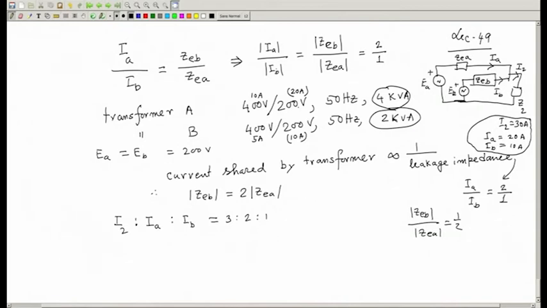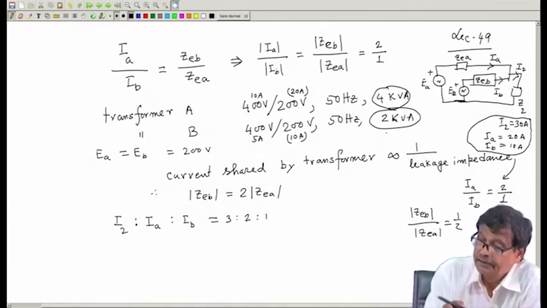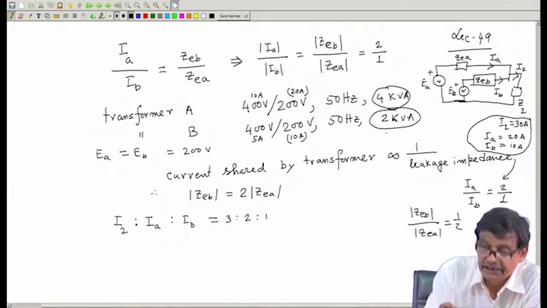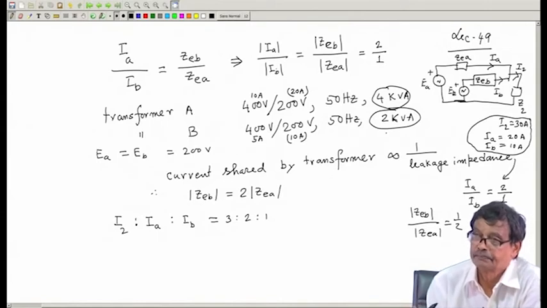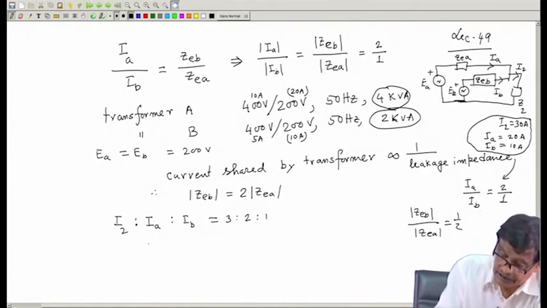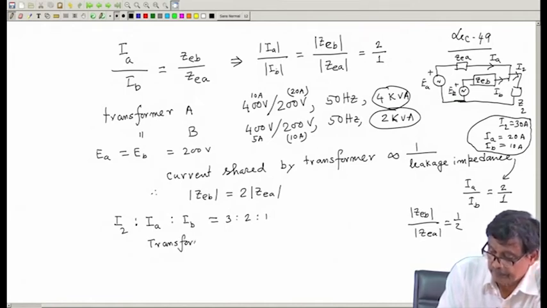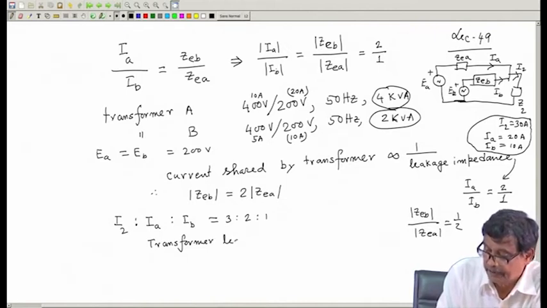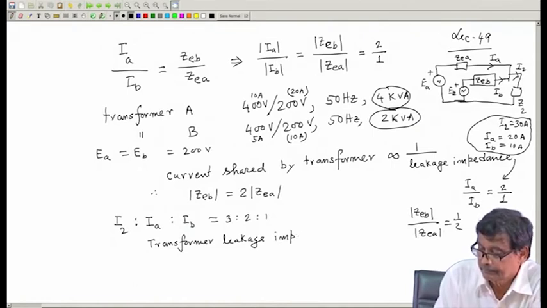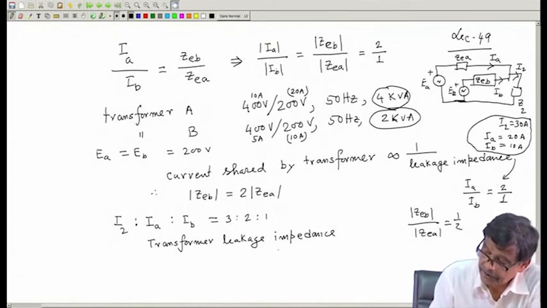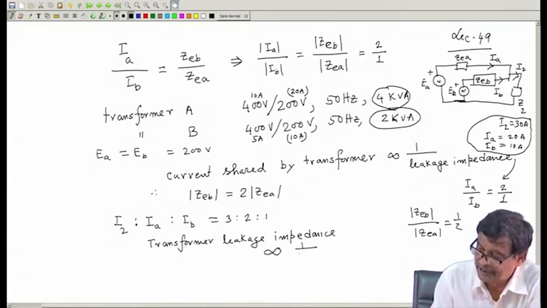But I will demand that the transformer leakage impedance should be inversely proportional to their kVAs.